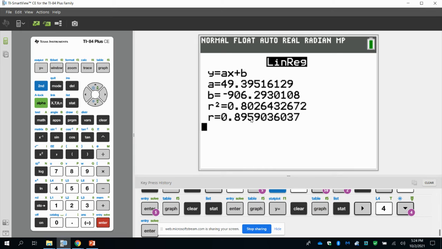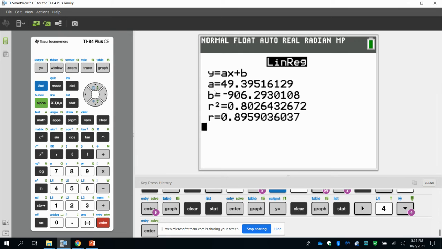All right, so for the linear function or linear model we find, let's keep 2 decimals. So a equals 49.40, that's the slope of the line. B is negative 906.29. We keep 2 decimals. So put a backdoor behind the 9 and look at the digit after it. It's 3, which is less than 5, so we ignore the rest of the digits, including the 3.